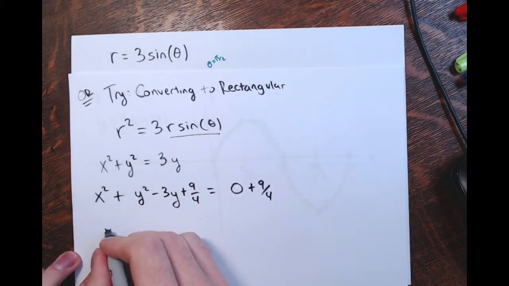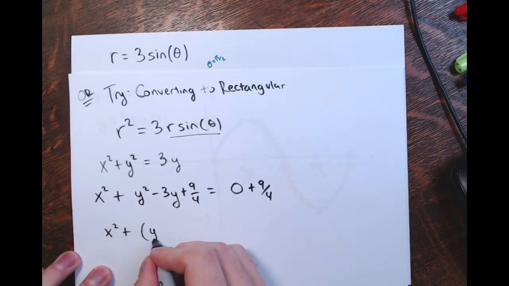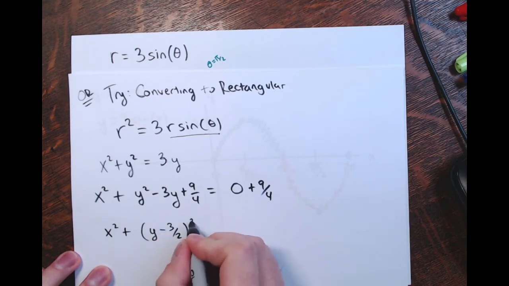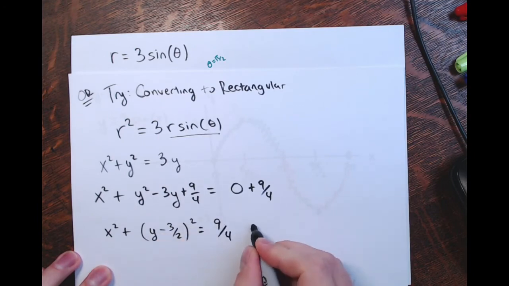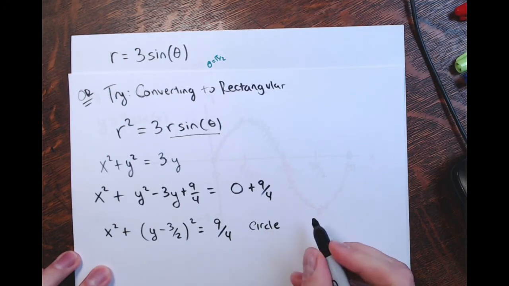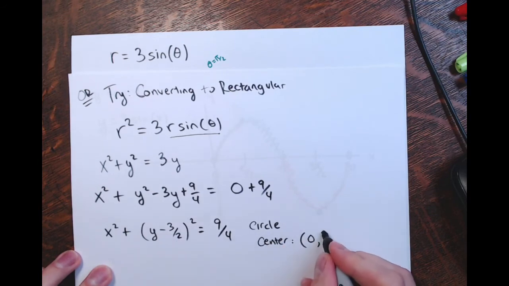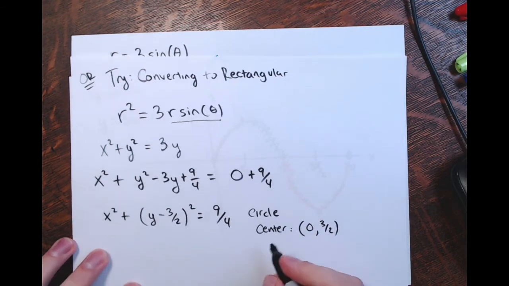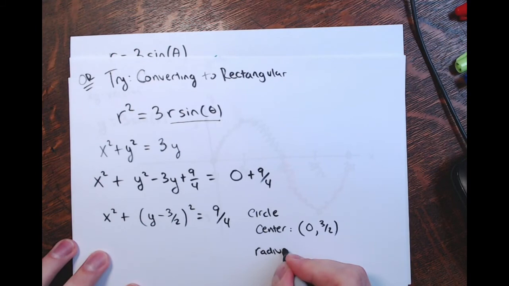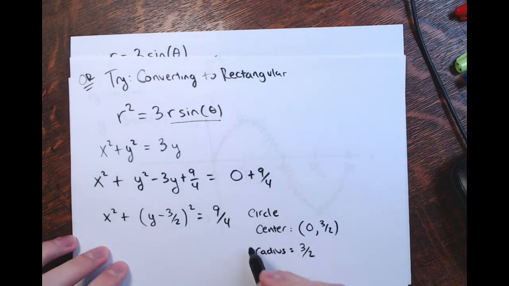And look, we have x squared plus the quantity y minus 3/2 squared equals 9/4. This is a circle with the center at point 0, 3/2, and a radius of the square root of 9/4, so also 3/2.